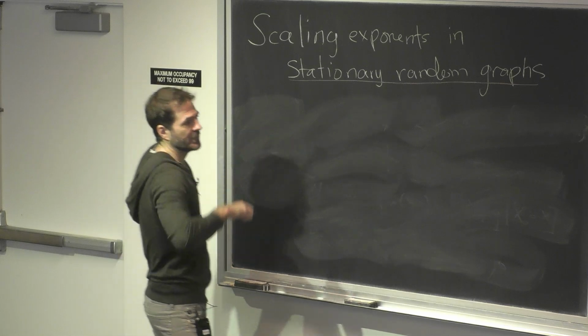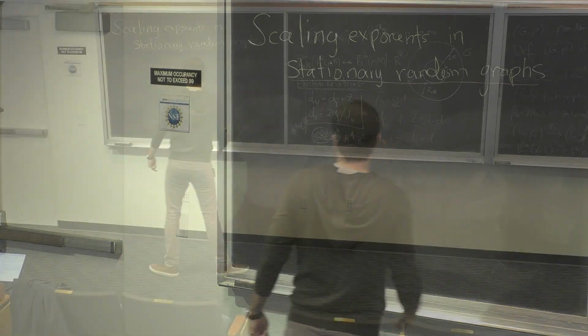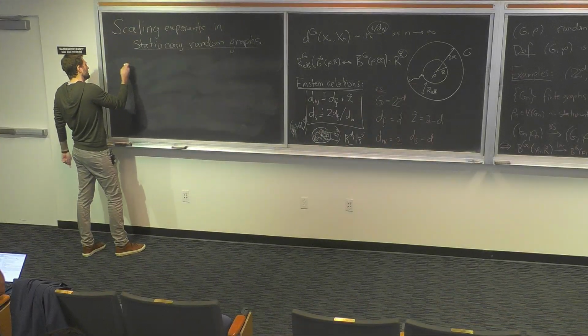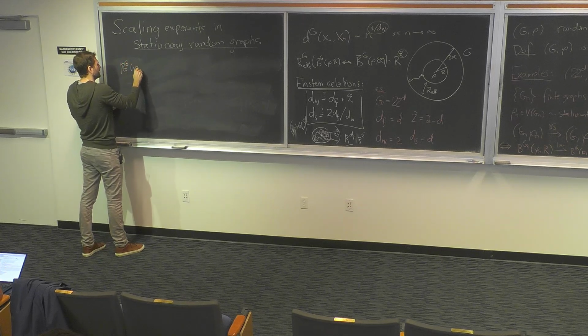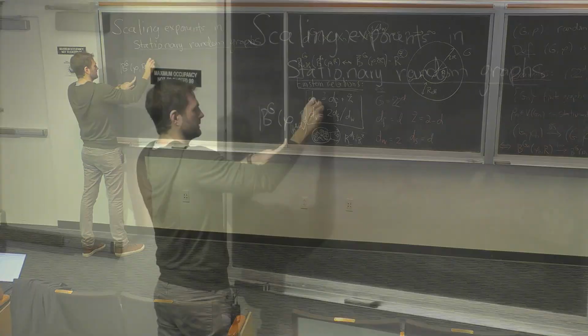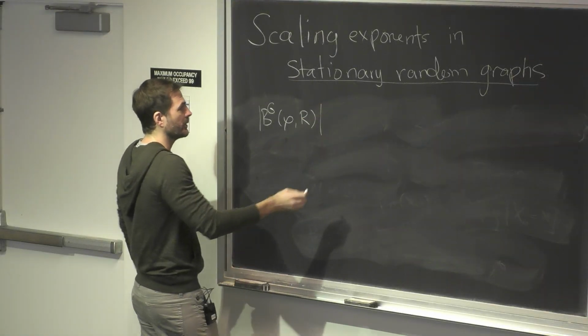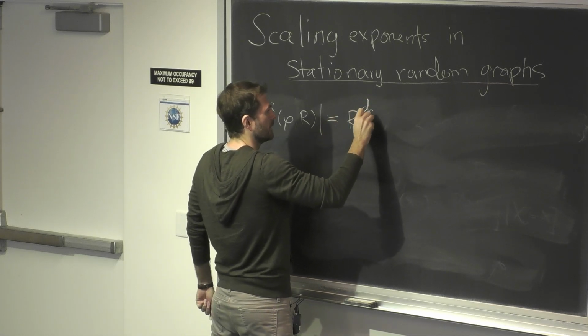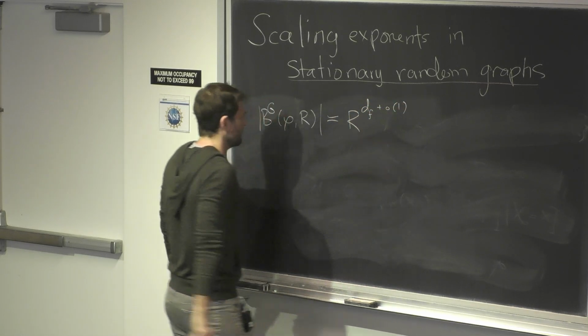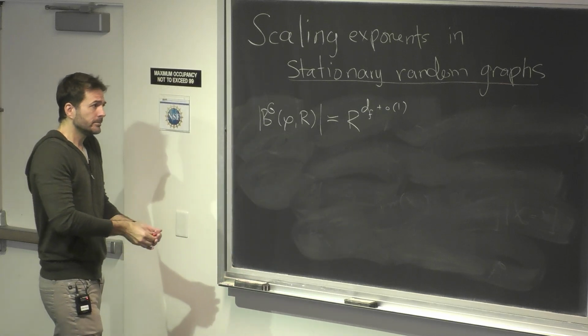Okay, so in the setting of stationary random graphs, what do I mean formally by these exponents? Let me just tell you. So now this is a random variable, and what I want to do is think about this random variable as being defined like this.